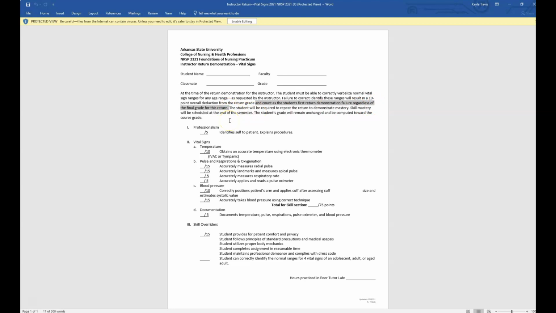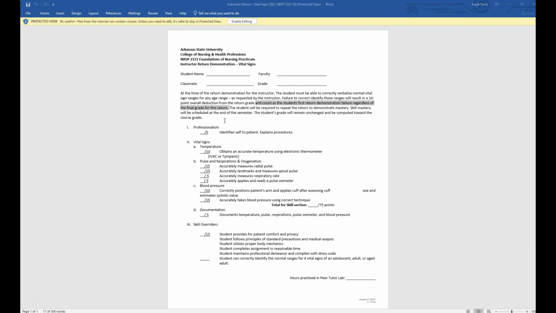This means that you can make it 88 and still fail this return if you do not know your normal values. If we don't know normal values, then there's no way for us to identify when things go wrong. Our hospitals require that we have documentation that you know your normal values for the safety of our patients.